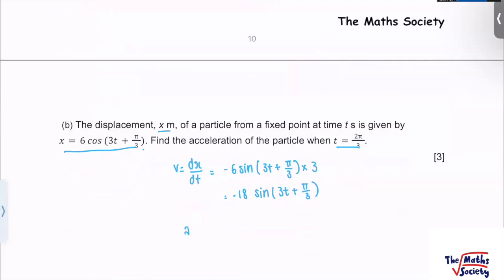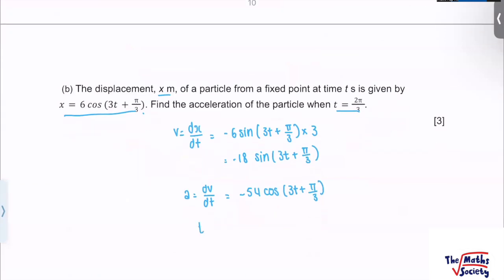And a equals dv by dt, that's equal to minus 54 cos (3t plus pi by 3). So when t equals 2 pi by 3, a is going to be minus 54 cos (2 pi plus pi by 3), and it's going to give you a solution of minus 27.